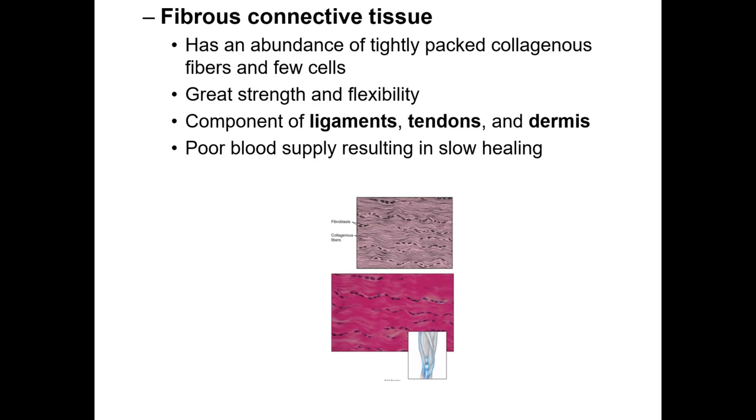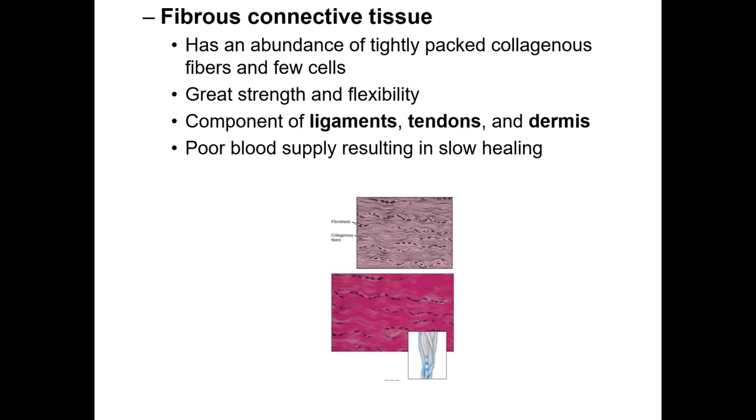So we have areolar tissue, reticular tissue, dense regular connective tissue, and dense irregular connective tissue. Those are the four types of fibrous connective tissue that we see. We see areolar tissue basically underneath the epithelium.